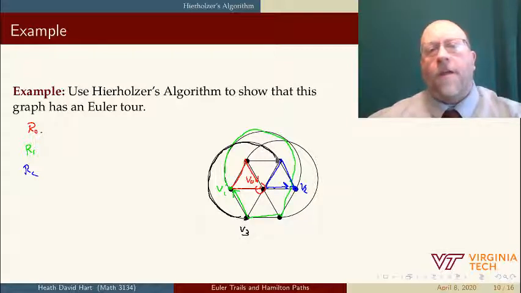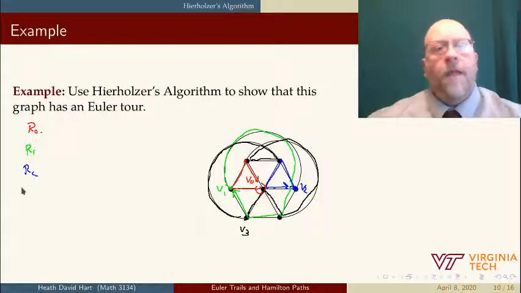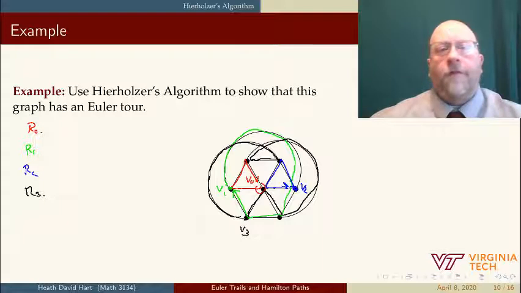The only edge I can follow now is this one here. The only edge I can follow around is this one down here. Then I have to go up, and then I have to go back down. And that gives me a third circuit. Or fourth circuit, because we started with R0.